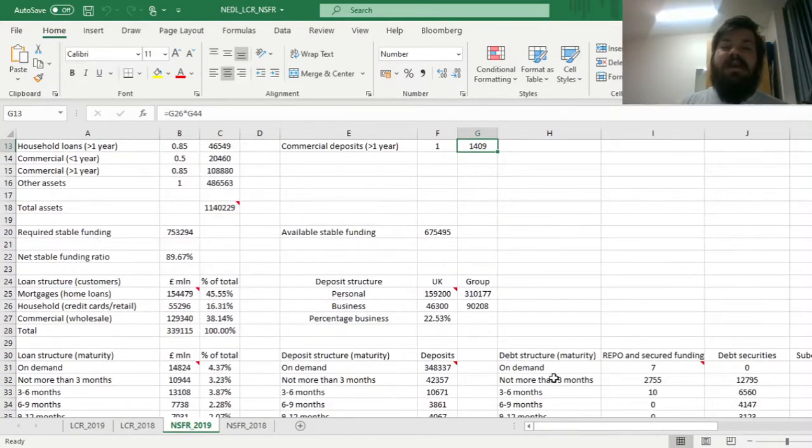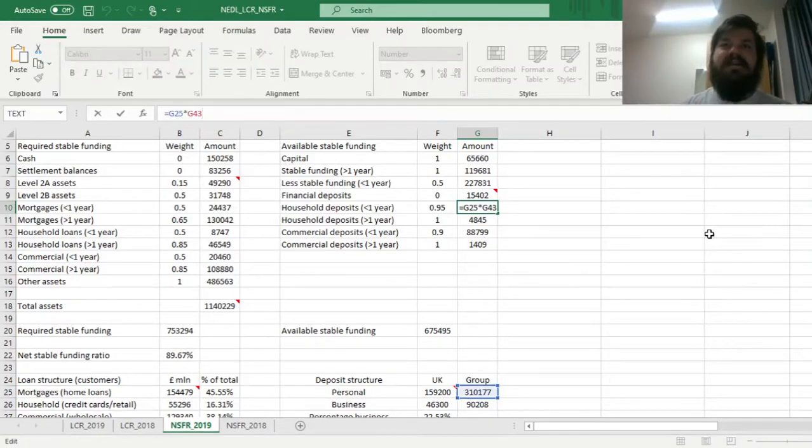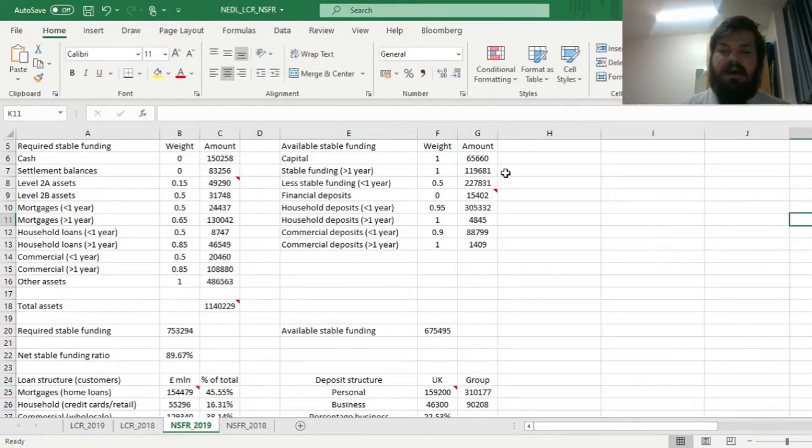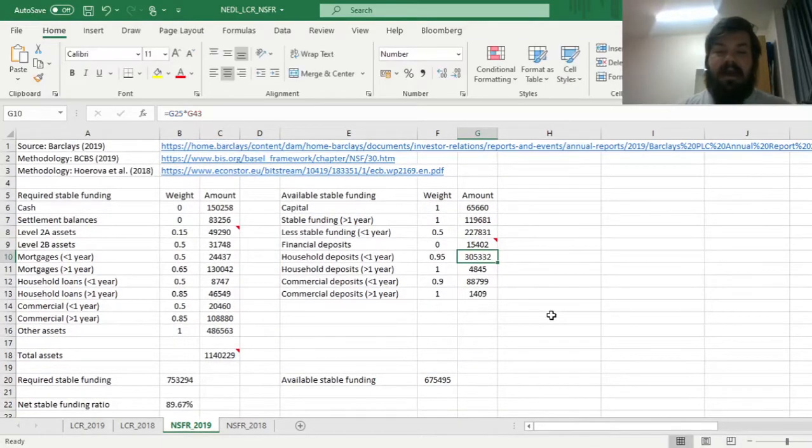So here we can make another assumption that deposits across various customer groups are the same in terms of their maturity structure, and just multiply the amount of personal household deposits by the share of total deposits that mature in less than a year, so 98.44% over here, and proceed with this analysis throughout.